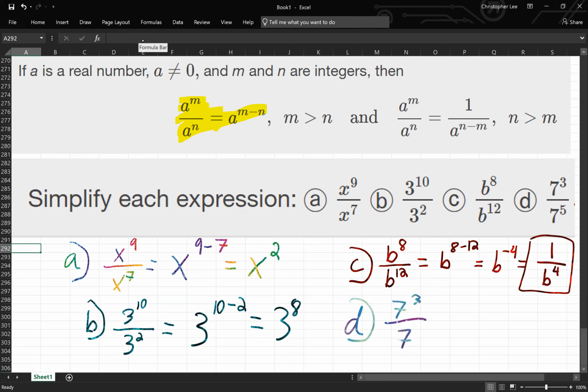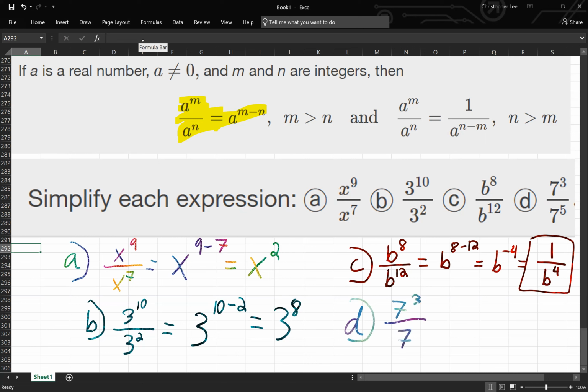In general, for a not equal to 0, a to the m divided by a to the m becomes a to the m minus m, which is a to the 0 power, and anything to the 0 power we know is 1. But also a to the m divided by a to the m is the exact same thing. You're crossing out the same thing on the top and the bottom, and it becomes 1.